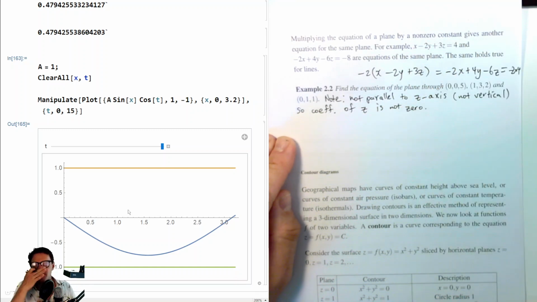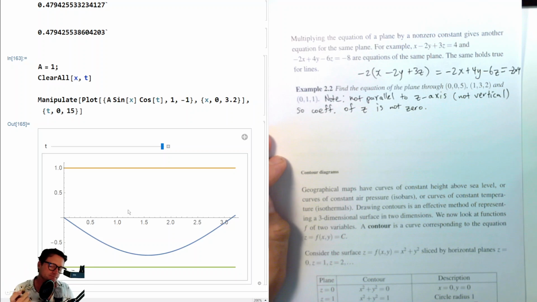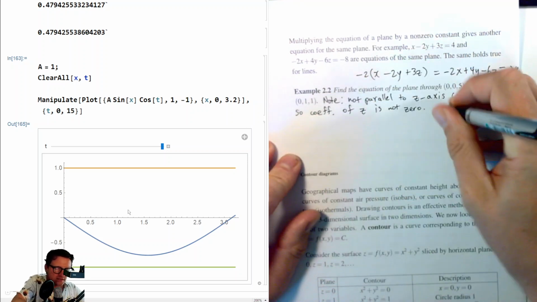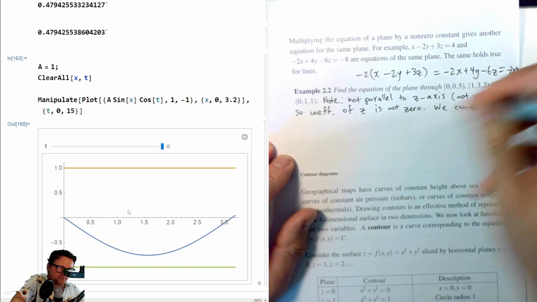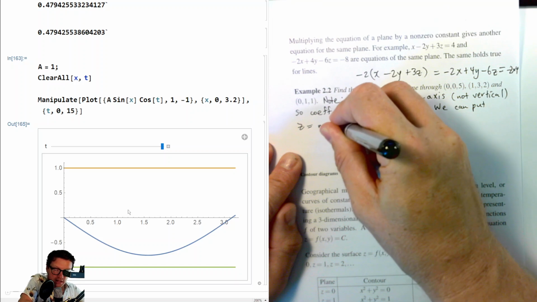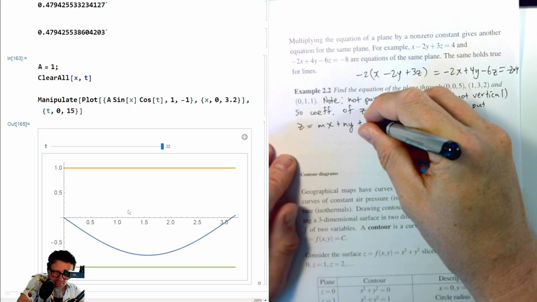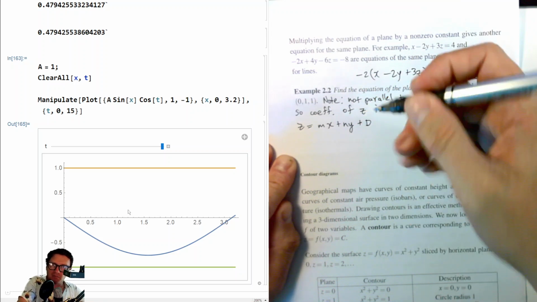And likewise, if you have a plane that is not parallel to the x-axis, then the coefficient of x will not be 0. And similarly for y. Okay, so then we know that we can write z is equal to, say, mx plus ny, and then plus some, let's call it uppercase D rather than z0. Okay, because why not?